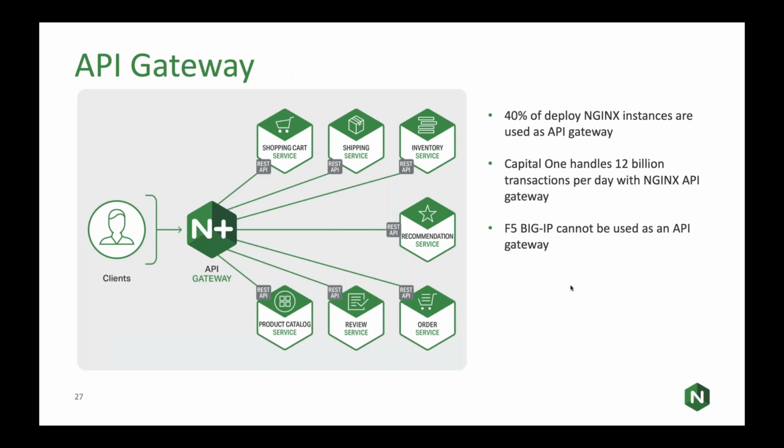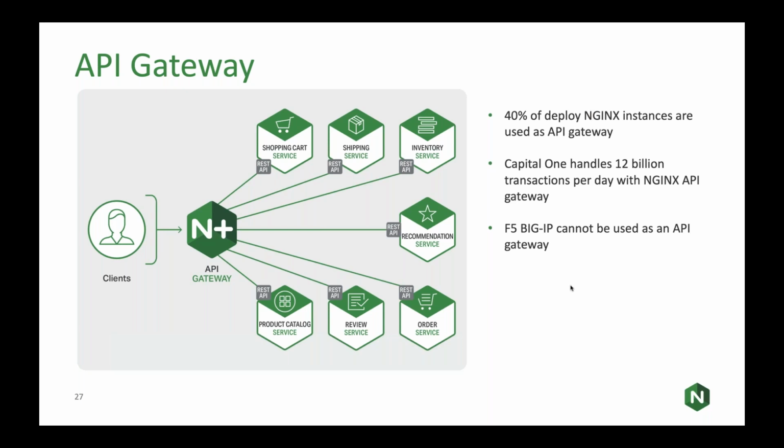Then, again, as Anthony did mention earlier, about 40% of our clients are actually using NGINX instances as an API gateway. Because of the positioning of NGINX as a load balancer, it works very well as an API gateway. It's perfectly positioned and has all the capabilities to deliver this function within an application or within an infrastructure.